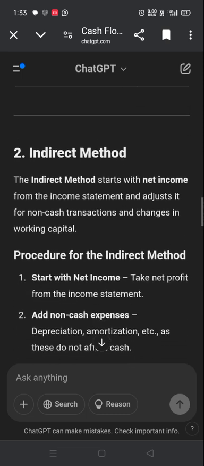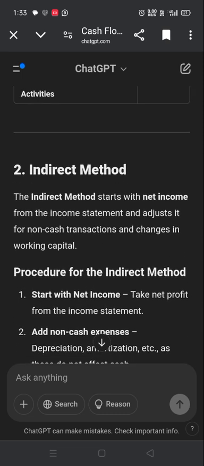Then the indirect method starts with the net income from the income statement and adjusts it for non-cash transactions and changes in working capital.